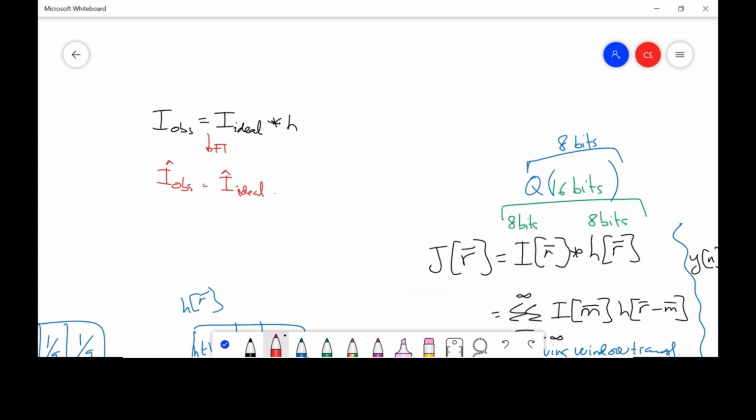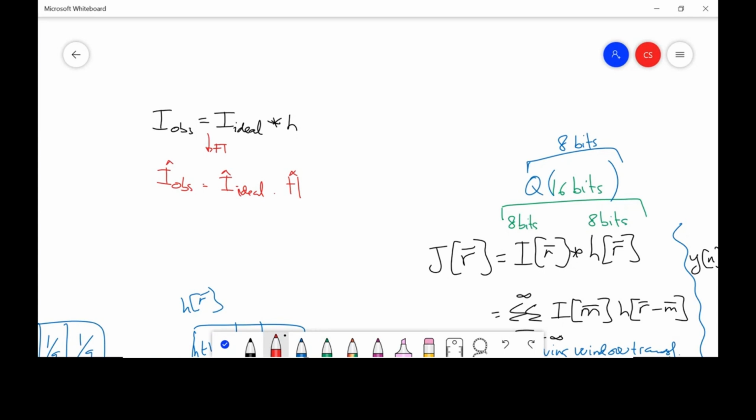And then this Fourier transform has to be multiplied by the Fourier transform of your kernel. So you know the observation, you know the kernel, but you don't know the ideal image. But now you can solve it.